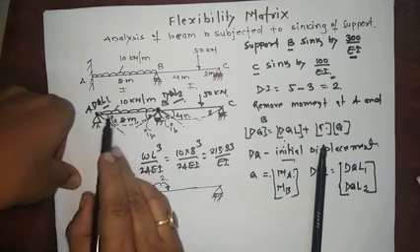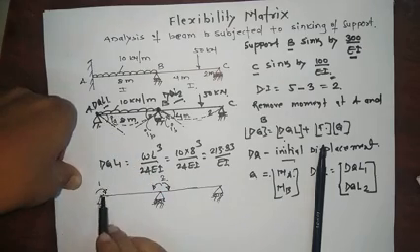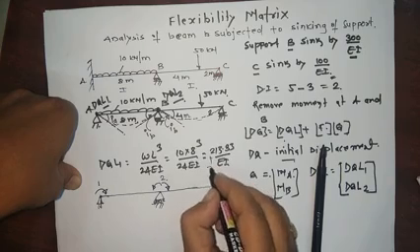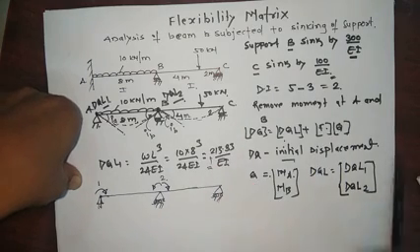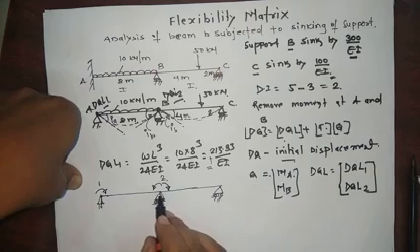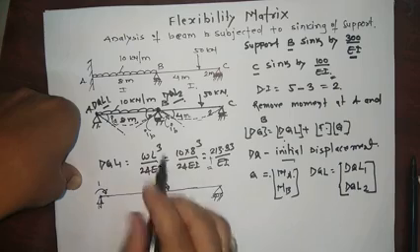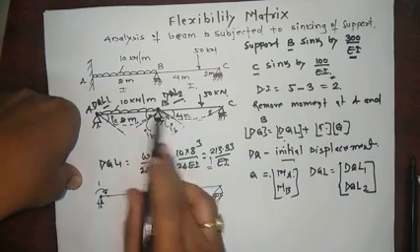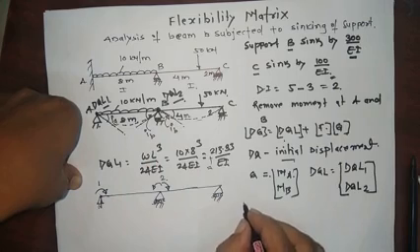Due to this load, this rotation and this rotation are the same, that is why this value is positive. So now we have to find this DQL2. It means the displacement caused at 2 due to this external loading. So here DQL2.